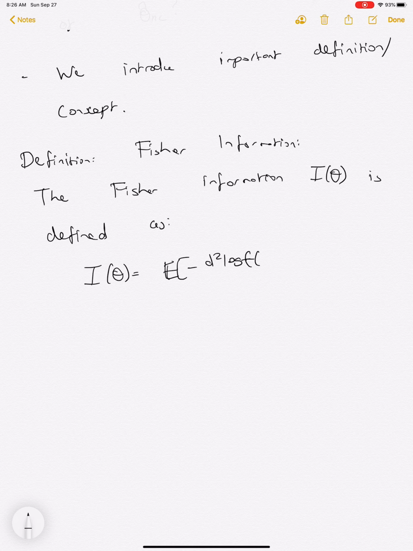I'm going to state the definition first, and then we're going to unpack it and do some examples. Okay, so what does this mean?